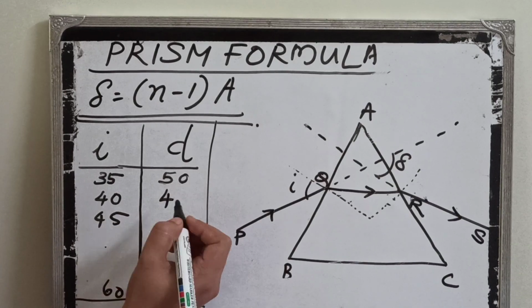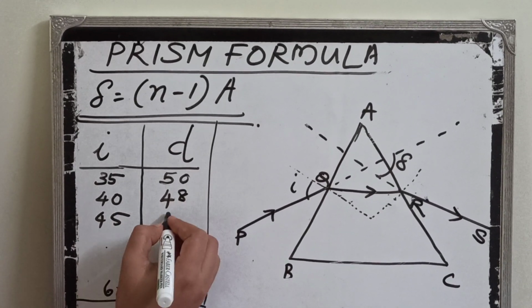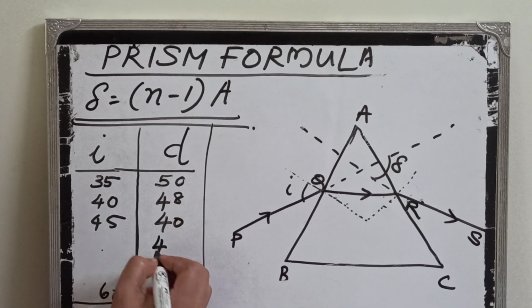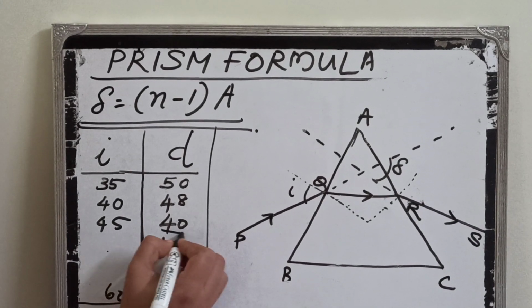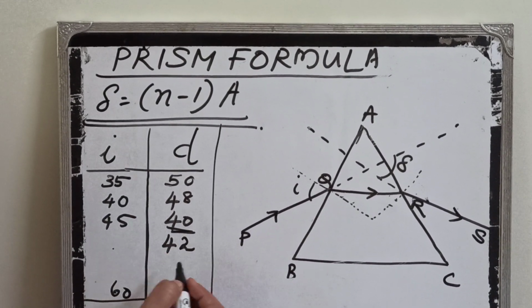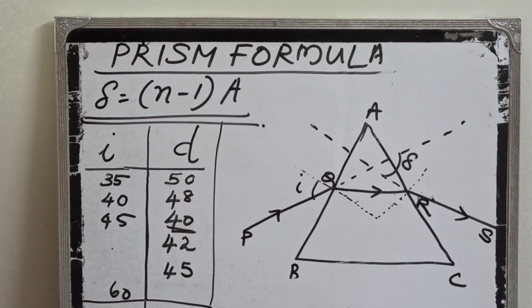So, angle of deviation decreases like this, and at some point it reaches a minimum value and then again it starts to increase. Understand?